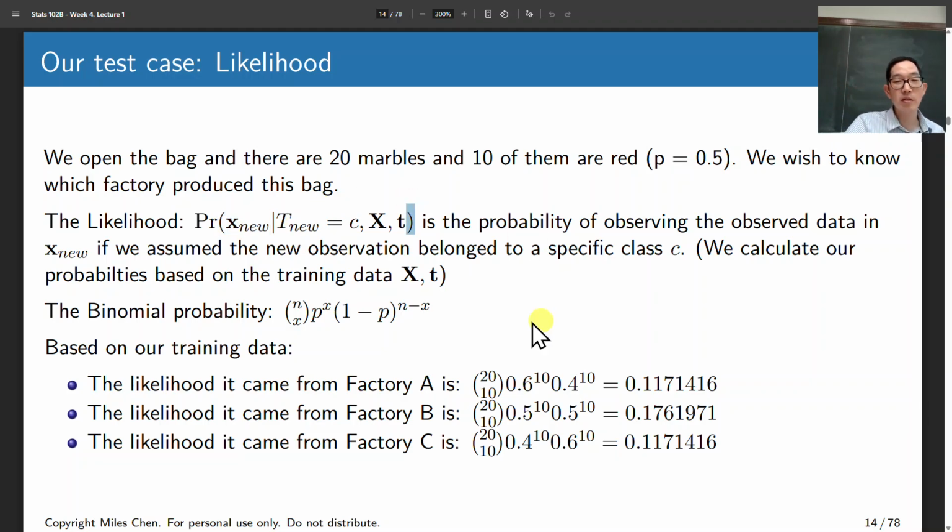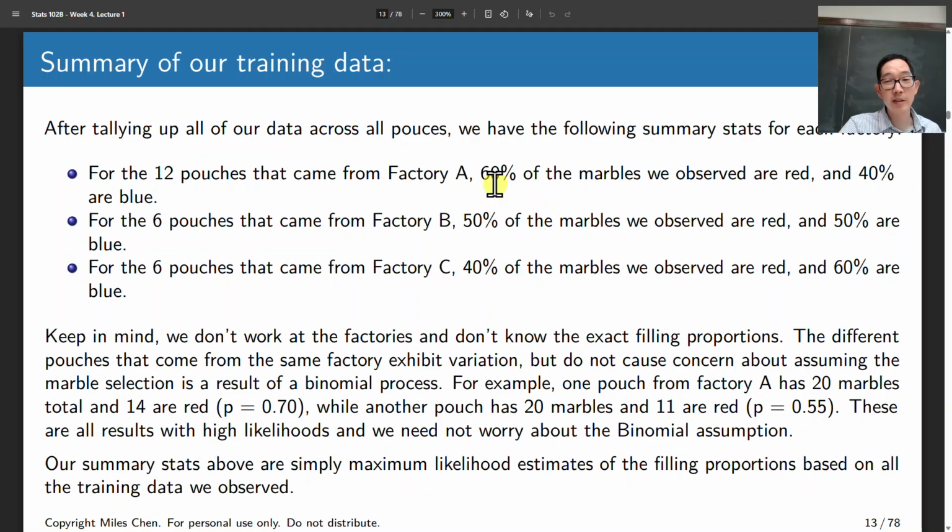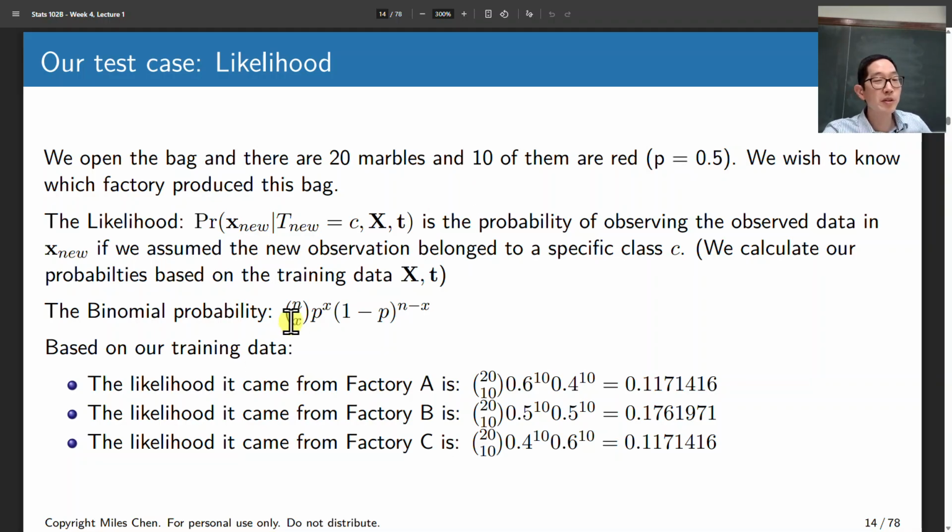So we can say, okay, what is the probability of getting 10 red marbles out of 20 marbles if we came from factory A where the filling proportion is 60%, okay? And so for that, we're going to use binomial probability, right? So that's n choose x, p to the x, 1 minus p to the n minus x. So we're going to do 20 choose 10.